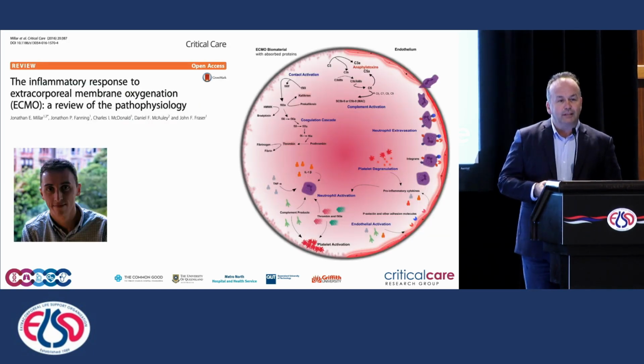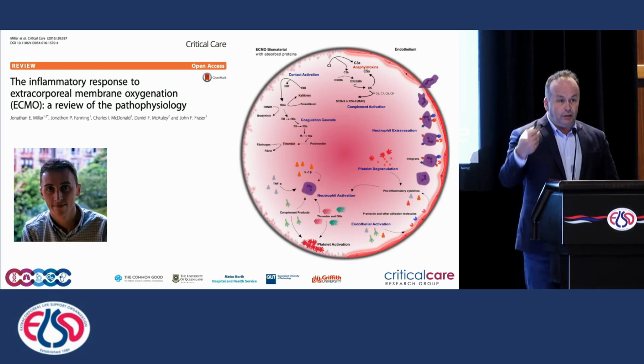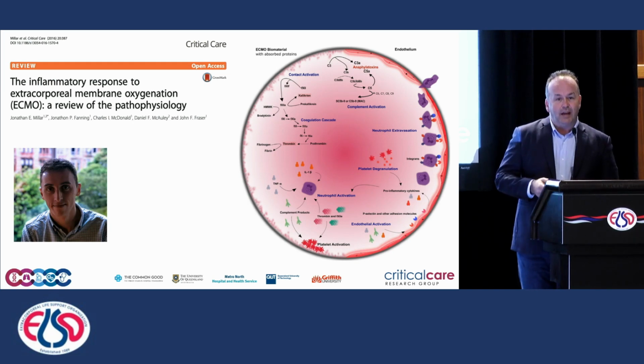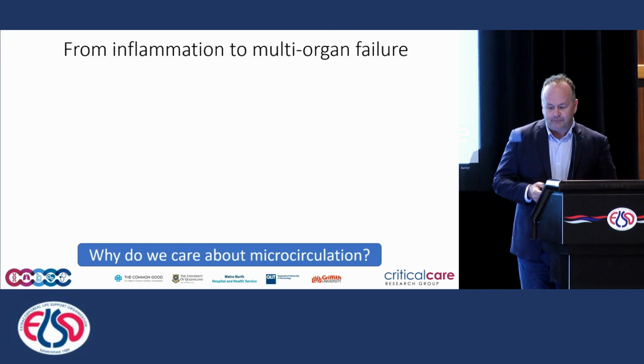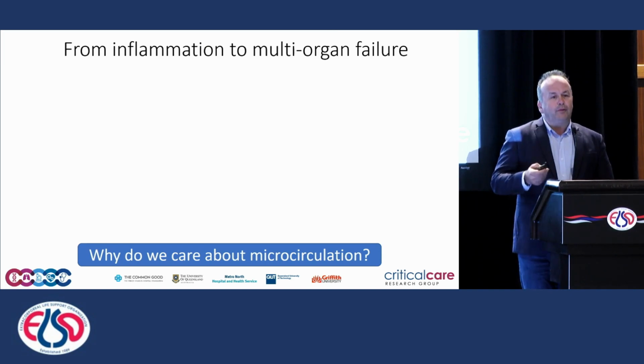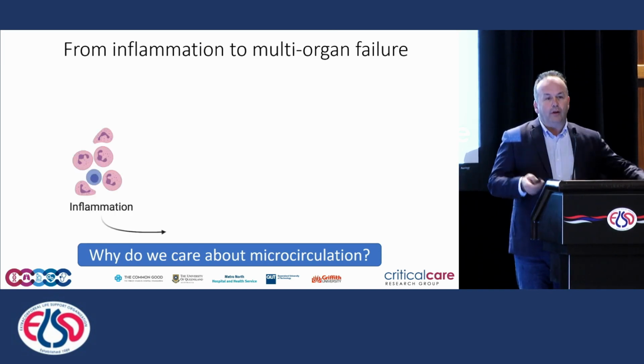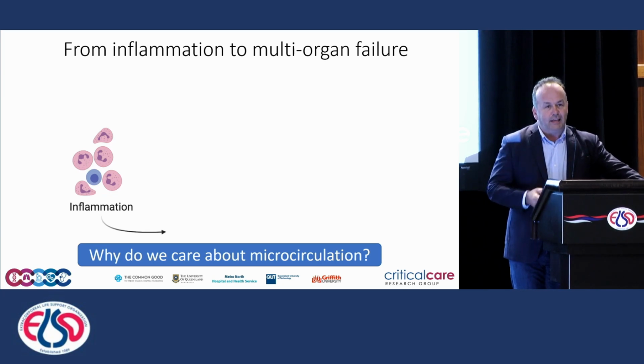We became interested in this area looking firstly at VV ECMO and the inflammatory response that comes not just with the pneumonia that necessitates the VV ECMO, but the actual VV ECMO-induced inflammatory state itself. So from inflammation to multi-organ failure, we understand that the inflammatory cascade kicks off with the exogenous pathogen.